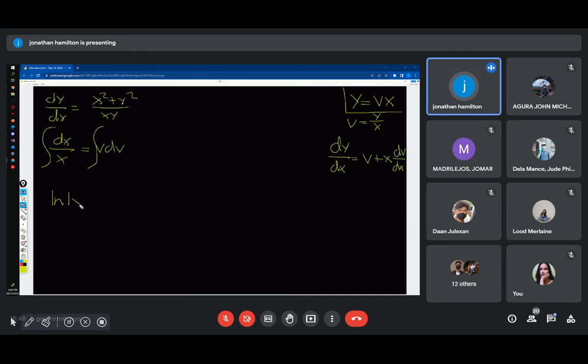We're left with ln of x is equal to, this is v squared over 2 plus c.